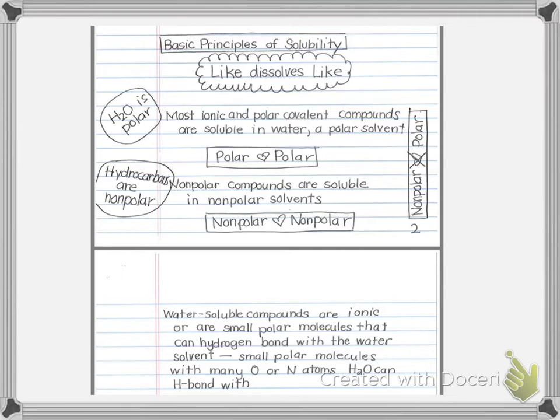Now the question might be raised: why do some things dissolve and some things don't? One of the basic principles of solubility is that like dissolves like. When we refer to this, we're actually talking about something very specific, and that is polarity.